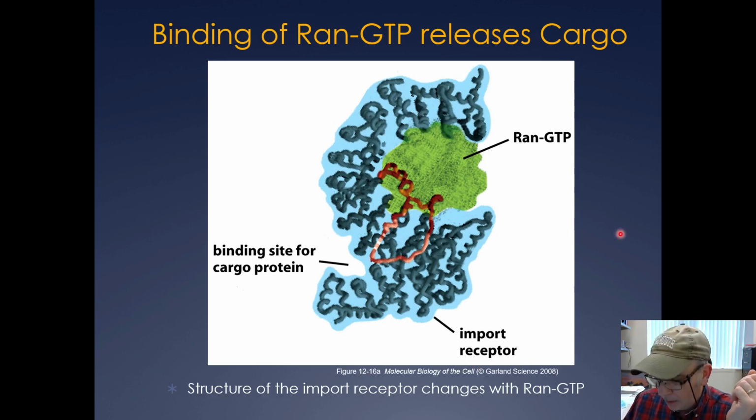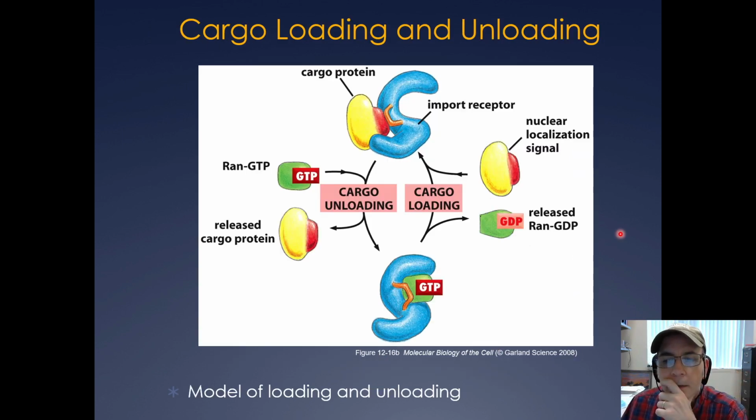Okay. And the cargo loading and unloading actually has to do with that little switch loop, just like with other things. So it can bind a cargo, and then when the cargo is unloaded, the RAN GTP is replaced, and the cargo is released.